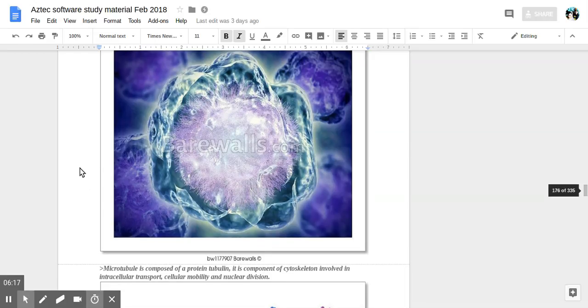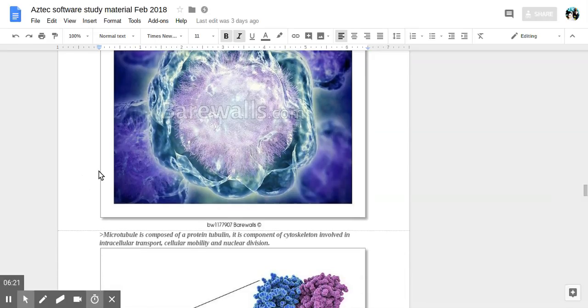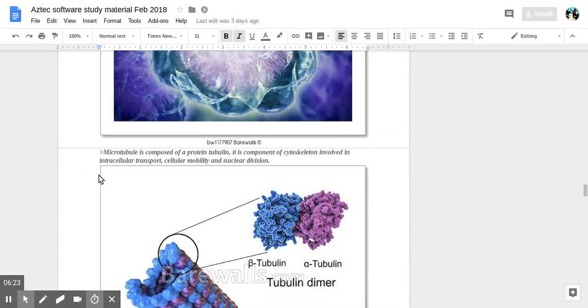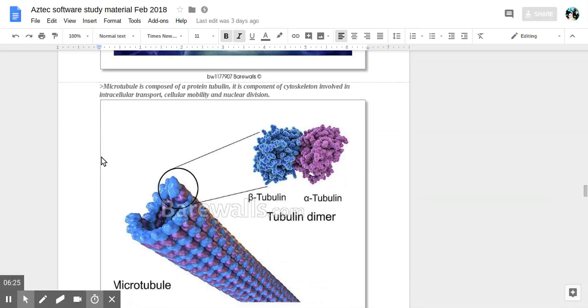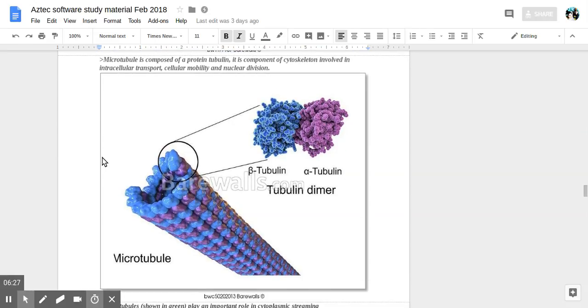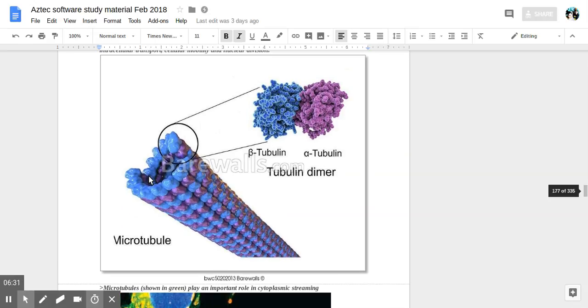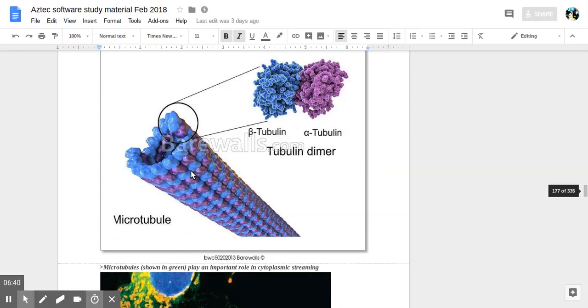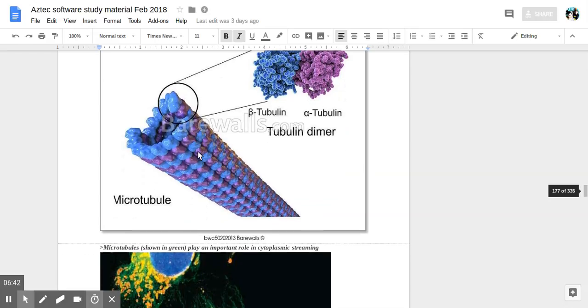As I said, this is a very beautiful picture of the cells' cytoskeleton, protein fibers. Intracellular means inside the cell. This is showing a 3D of the microtubule molecule, which is made out of beta tubulin and alpha tubulin, comprising a dimer.